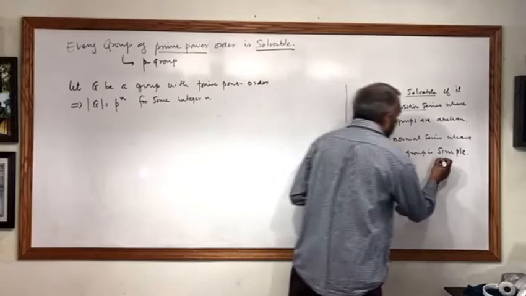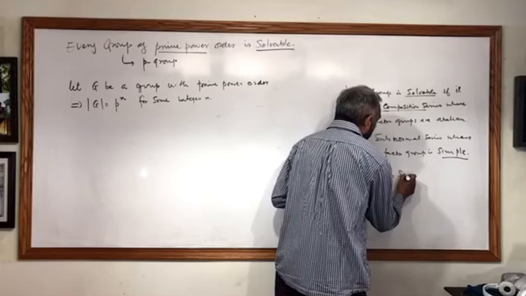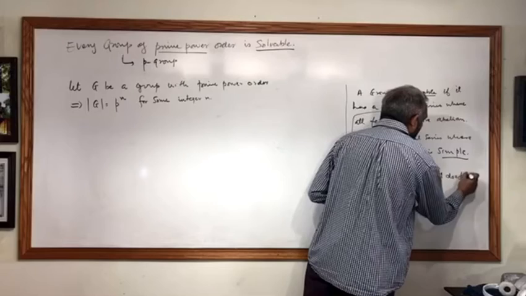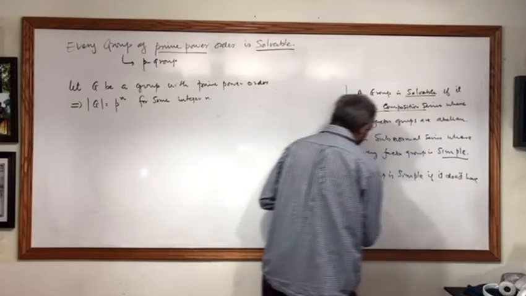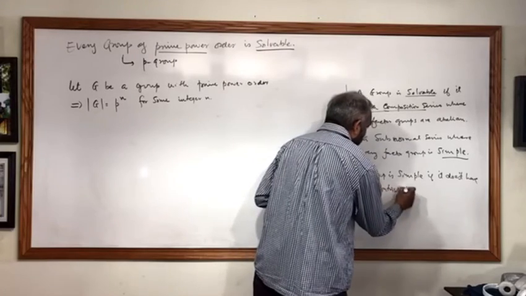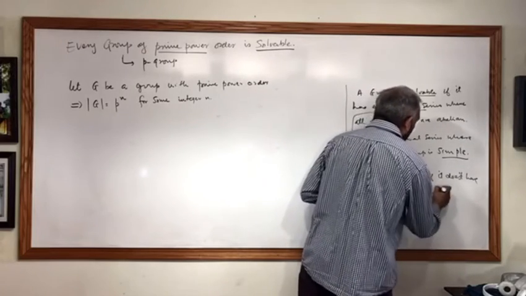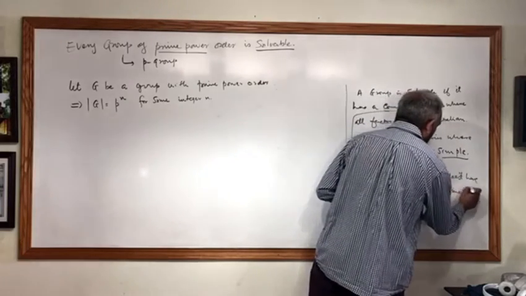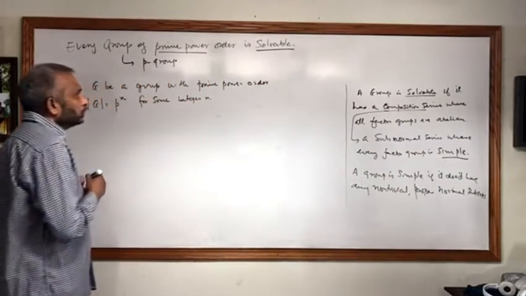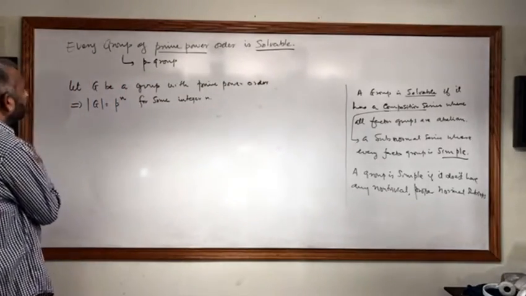And simple means a group is simple if it does not have any non-trivial proper normal subgroups. So those are the things to remember when you try to prove this result.